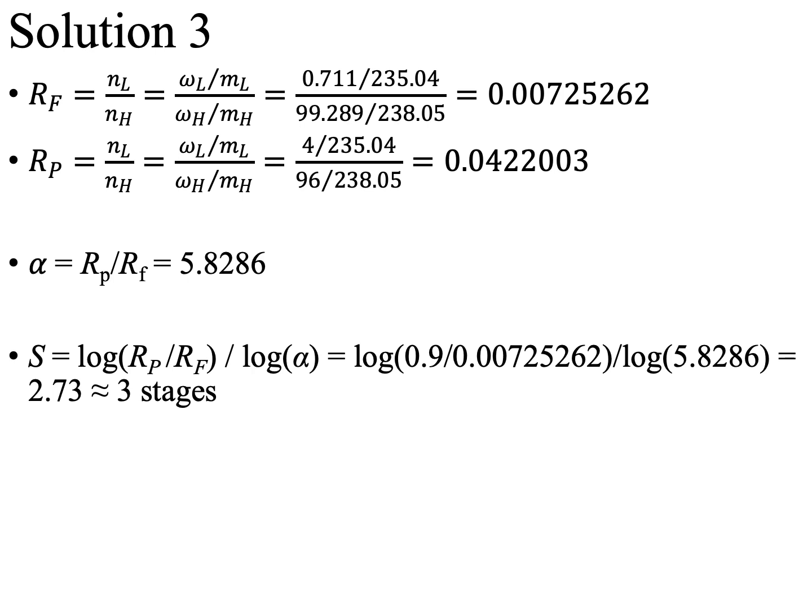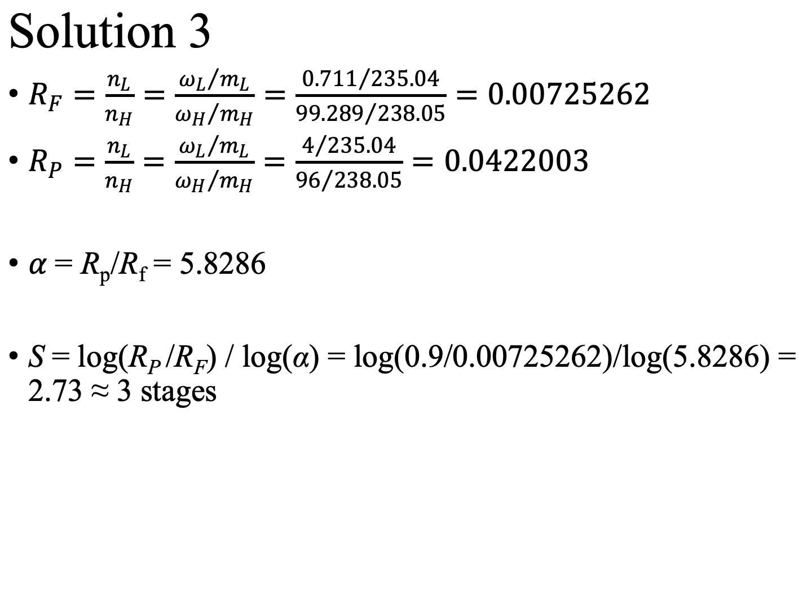So the equation is simple and also already given to you. So RF, that is the abundance ratio, will be equal to, by definition, the atomic density of the light particle over the atomic density of the heavy particle.